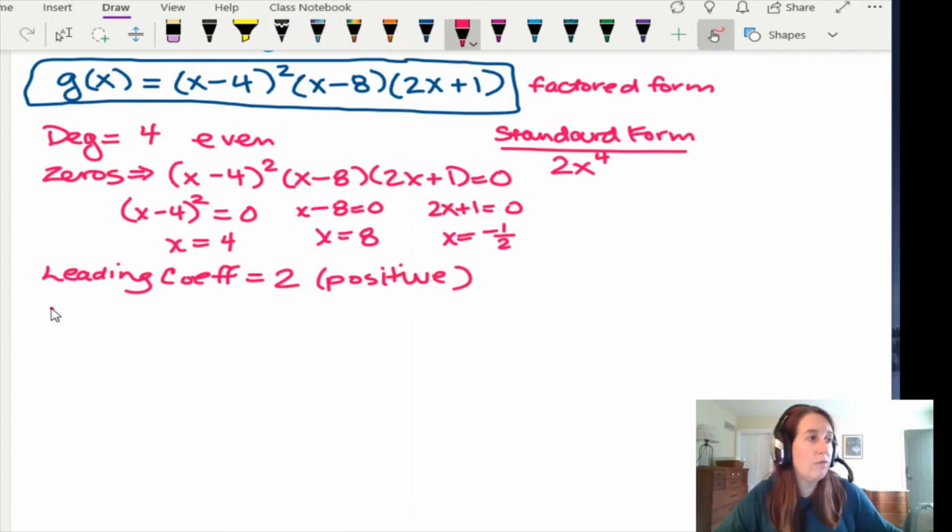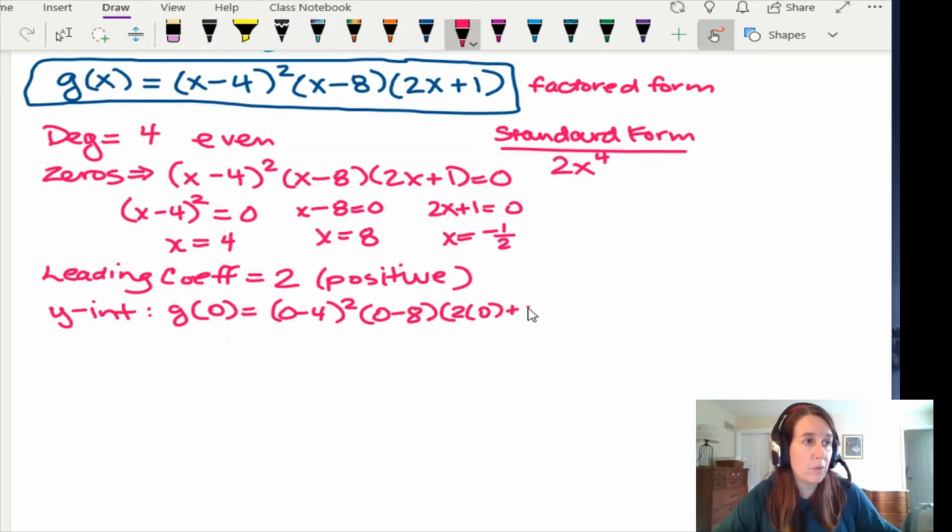Okay. For graphing purposes, we're also going to want the y-intercept. We already have the zeros, which are the x-intercepts. The y-intercept is, of course, where x equals 0. We have to use factored form. We have no choice. So this is the g of 0. So that's 0 minus 4 squared times 0 minus 8 times 2 times 0 plus 1. Okay, you really got to do the work on this one.